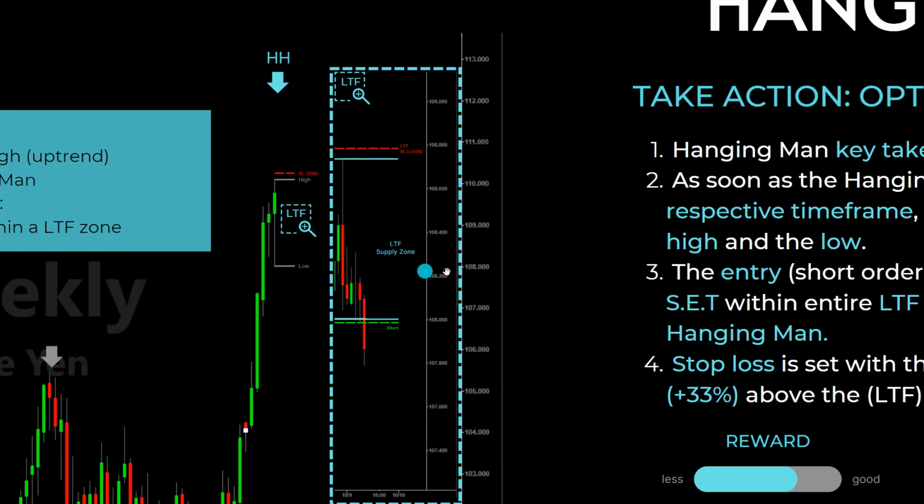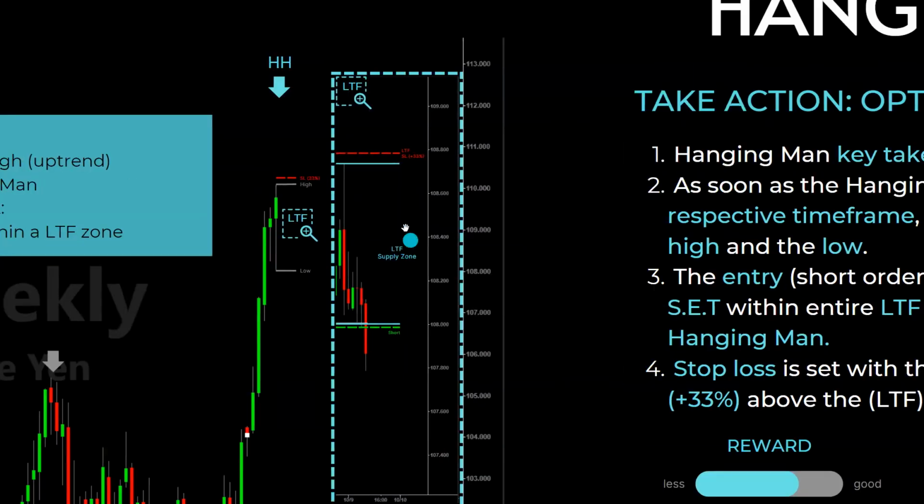The entry is around 108, option number 1. And look, your entry will be the same, maybe 108, but your stop loss will be 108.800 and not 110, for example. That means we get a smaller zone. And then you can trade this one.